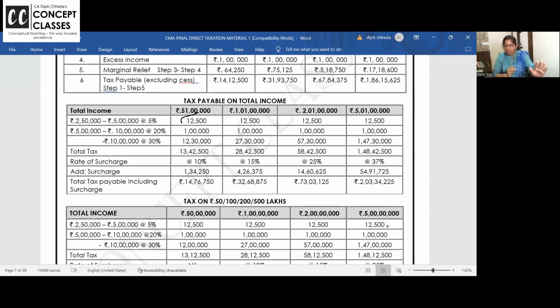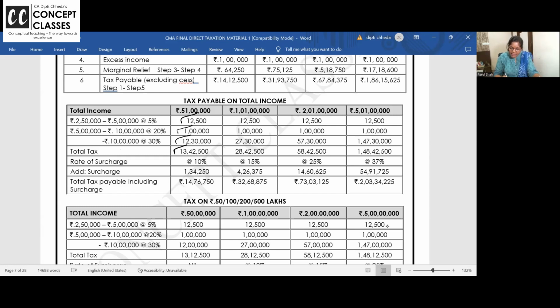Go slow with me for one example. 5 lakh to 10 lakh, 20%, 1 lakh. 10 lakh above up to 51 lakh: pick up your calculators. 51 lakhs minus 10 lakh, how much is coming? 41 lakhs, into 30%, 12.30 lakh. So what is your total tax? 13,42,500. This is the tax you are paying on 51 lakhs.